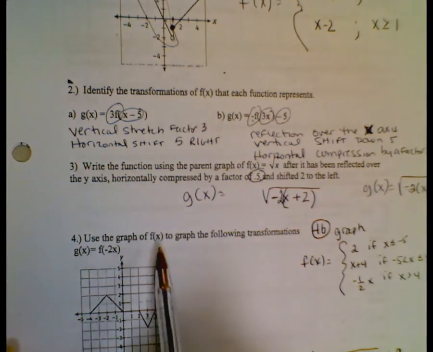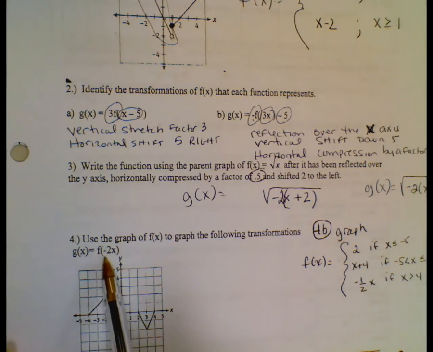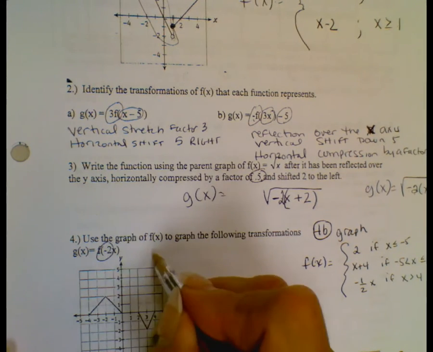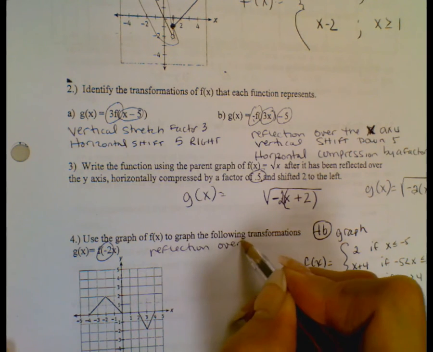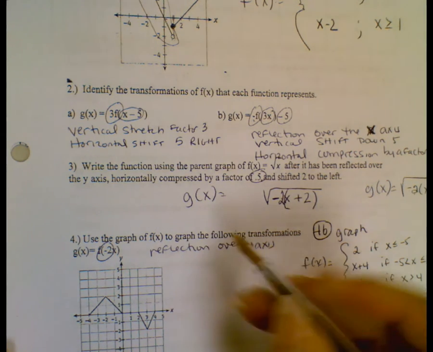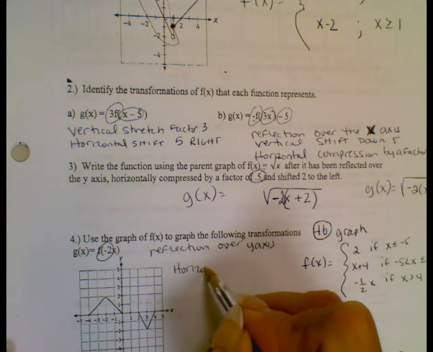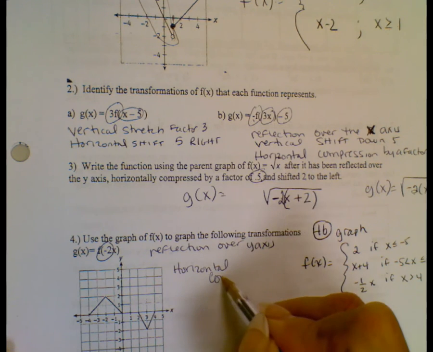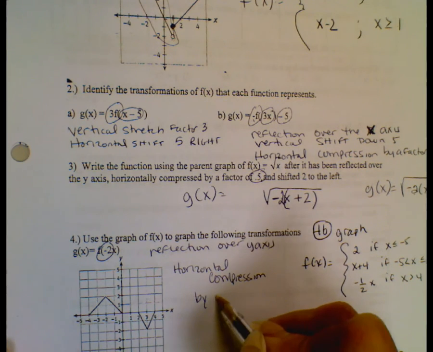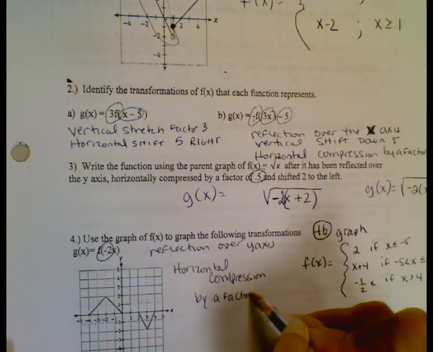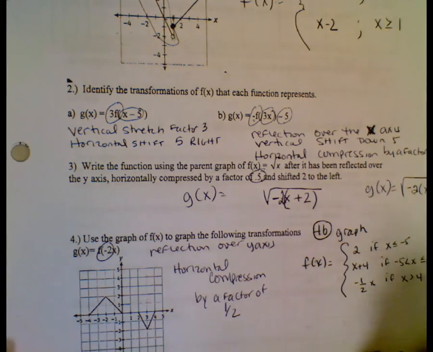So use the graph of f of x to graph the following transformations. G of x equals this. This is a reflection over the y-axis, and it's a horizontal compression by a factor of 1/2.